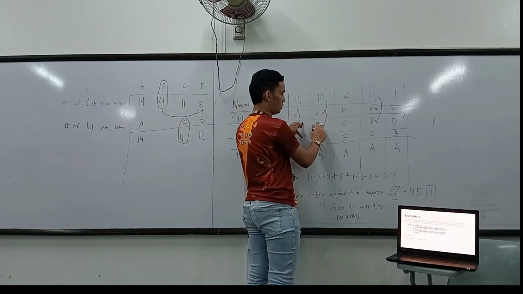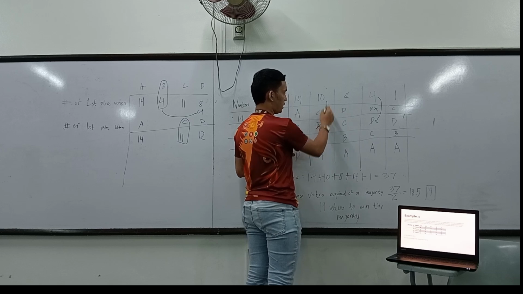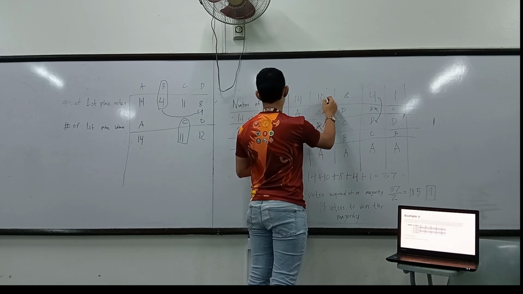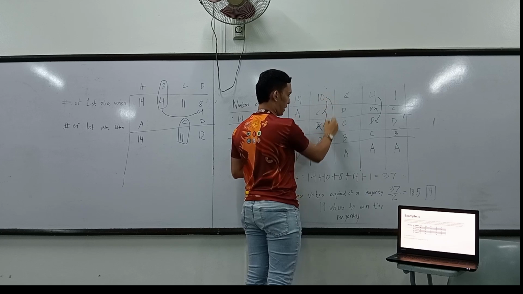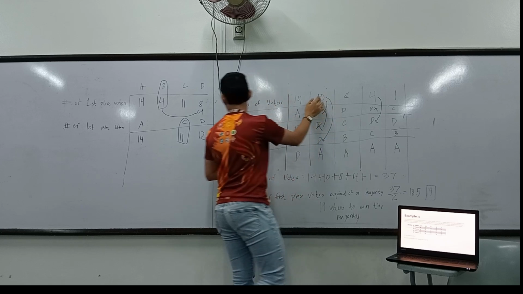Candidate B is also eliminated, so it should be removed. So the candidate C votes would pass to candidate B, who got 10 votes.